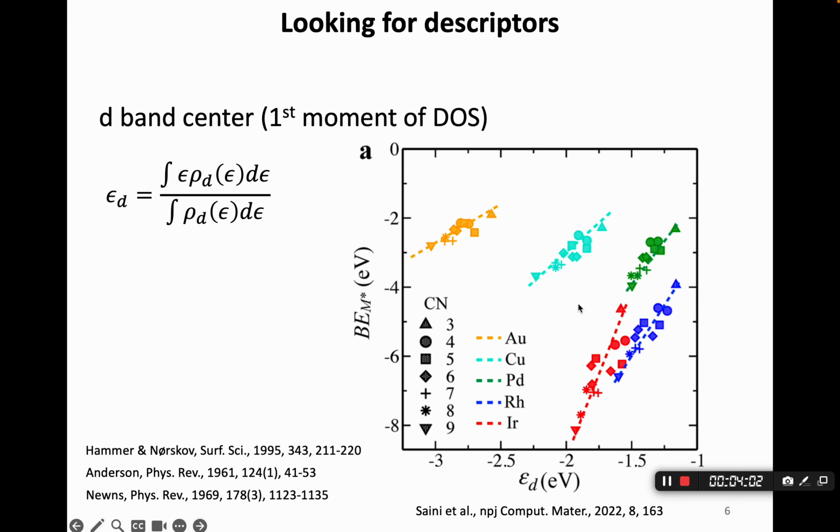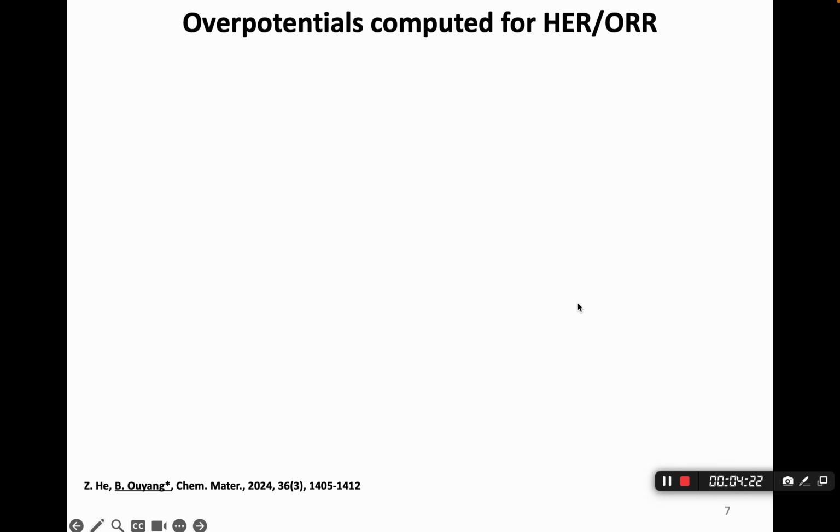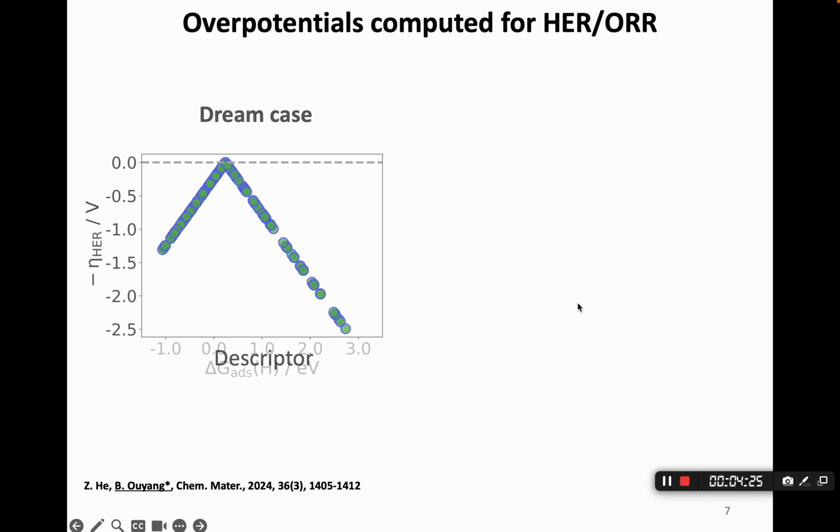This is actually not a very high-throughput one, because that work only studied 5 metals. We have way more metals, and we want to see, for instance, whether the famous D-band center has a correlation with overpotential or adsorption energy of anything. So we apply our data. We have like 500 DFT calculations.